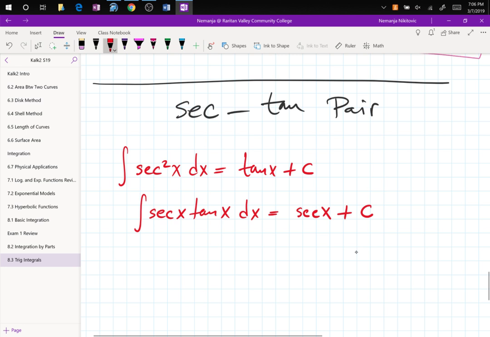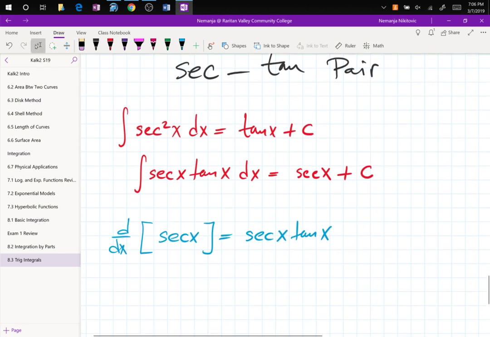So for that, you need to be the master of the derivatives, right? The derivative of secant x is secant x tangent x, and the derivative of tangent x is secant squared x.